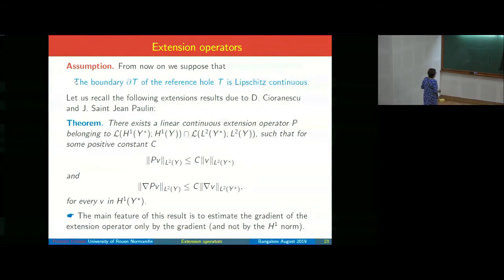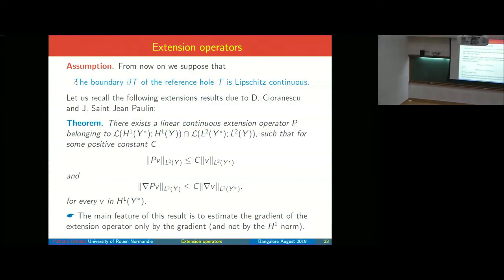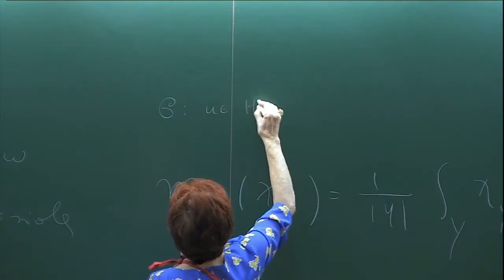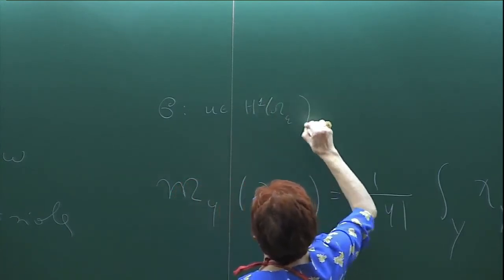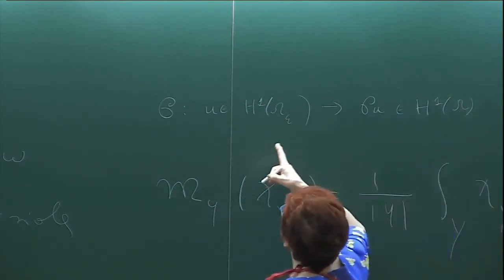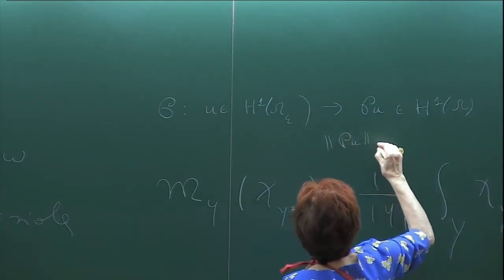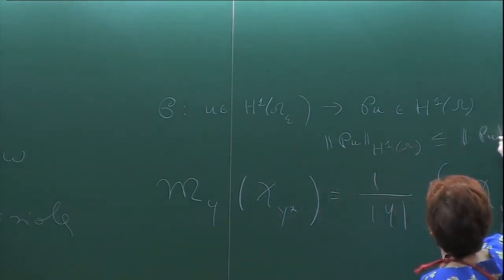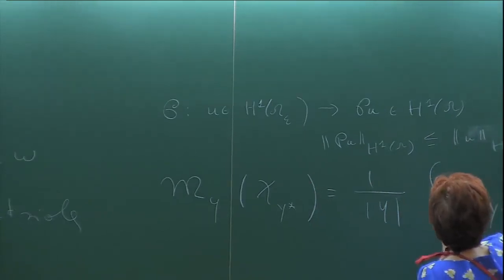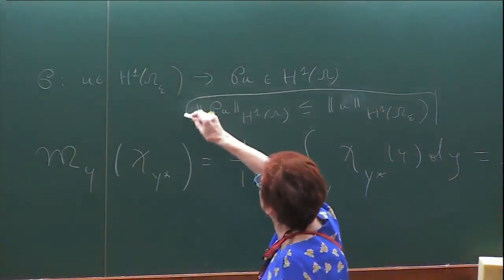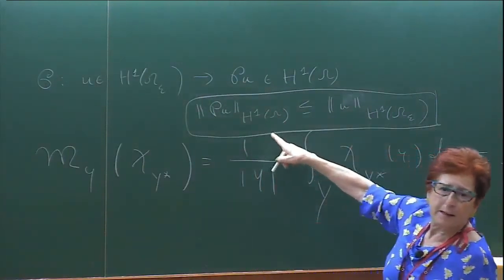In general, there exists an extension operator such that a function u in H1 of omega epsilon is associated with Pu, which belongs to H1 of omega, and the norm of Pu in H1 of omega is smaller or equal than the norm of u in H1 of omega epsilon.